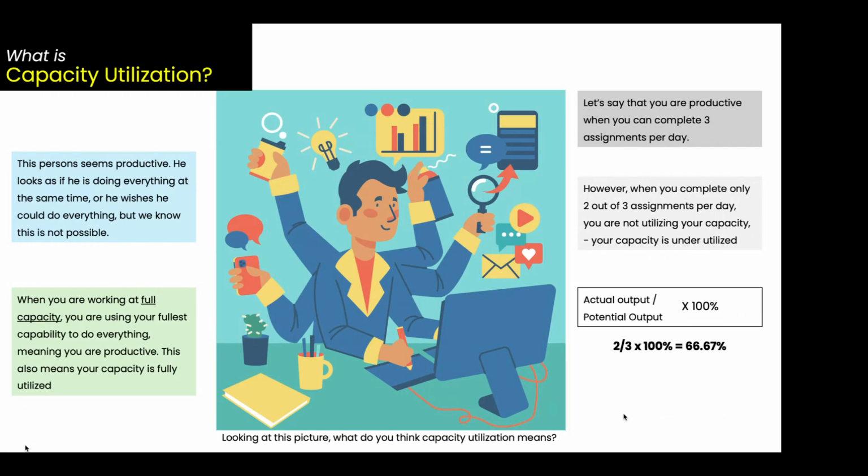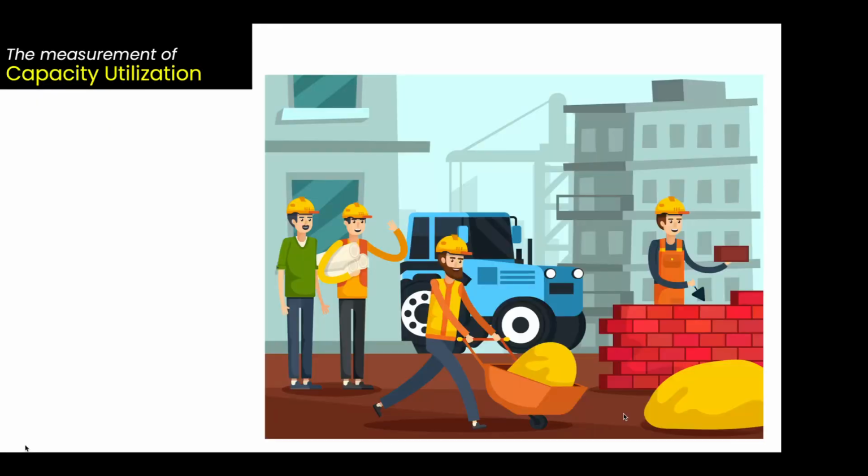But this gives you an idea that if on a given day you are able to produce a lot and your maximum capacity is 3, then you are at full capacity, or fully productive, when you're able to produce 3 assignments per day. Now, this is about you. So now let's talk about businesses. We're going to talk about how to measure capacity utilization, which we have done briefly, and the same calculation will be used for a business as well.